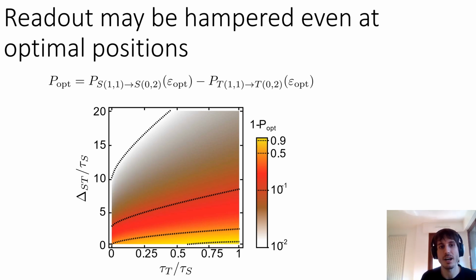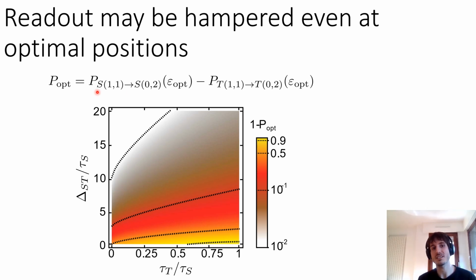So we quantify this. To do so, we find that there is an optimal readout point in the tuning. We go to this optimal readout point and we calculate the optimal probability of finding a charge signature when you are in the singlet state, minus the probability of finding a charge signature if you're in a triplet state.